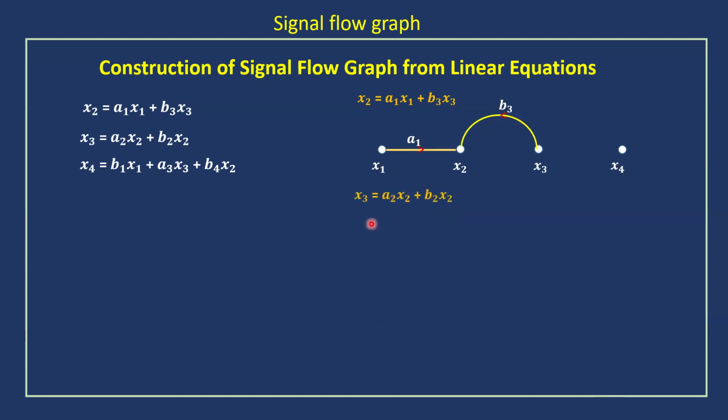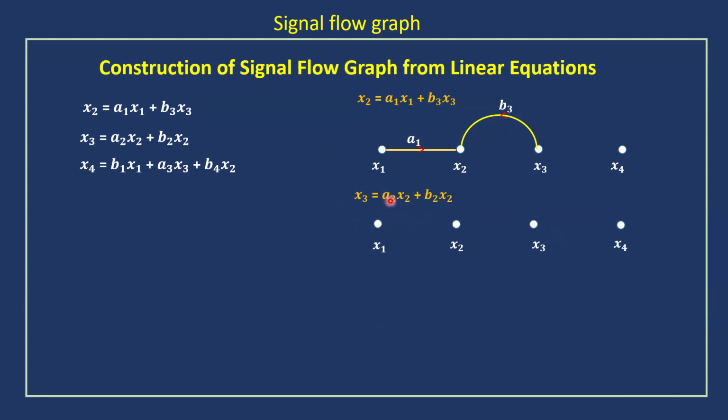And then the second equation. X3 equal to A2 X2 plus B2 X2. So totally 4 nodes, X1, X2, X3, X4. Now the output variable is X3. So all the others should be incoming. From the other inputs, we have to take the gains. So from X2, first see the first term A2 X2. So A2 is the gain.